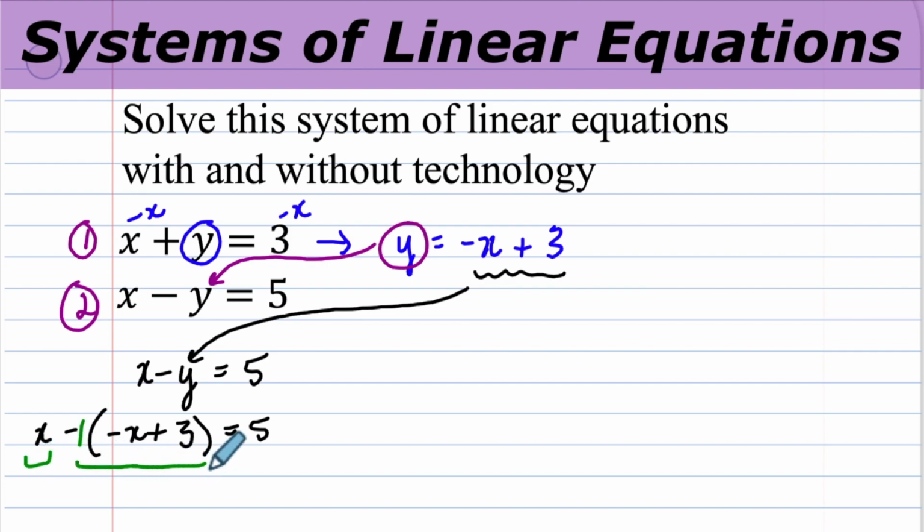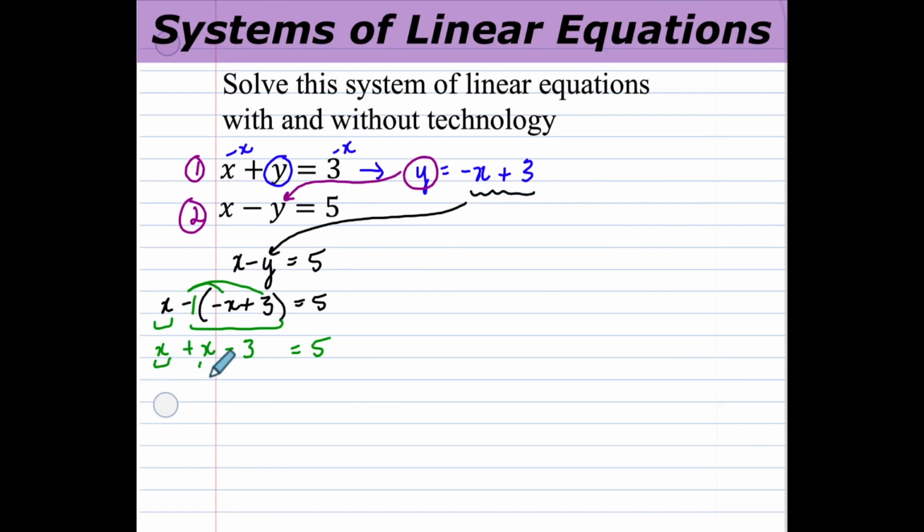We should distribute the negative 1 first in order to solve for the x. x + x, negative 1 times negative x is plus x, and negative 1 times positive 3 is -3, is equal to 5. Now we can add up the x's to give us 2x - 3 = 5.